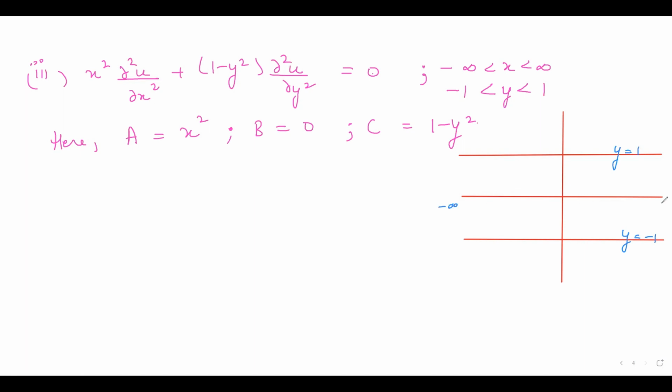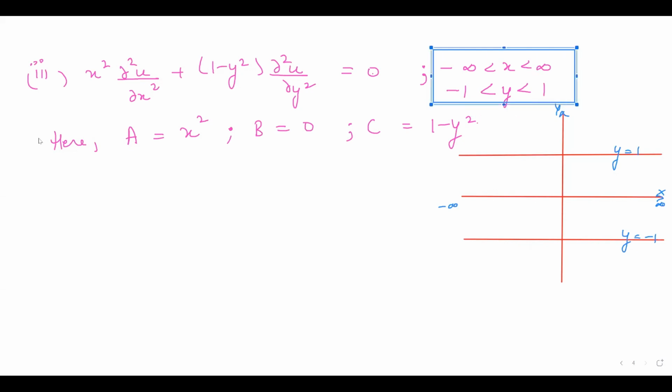So this is my x-axis, this is my y-axis. Now we need to find out within this range whether my equation is coming out to be elliptic, parabolic, or hyperbolic. So I need to consider the values also here. So I'll be taking this range in mind. So this is very important to keep in mind.